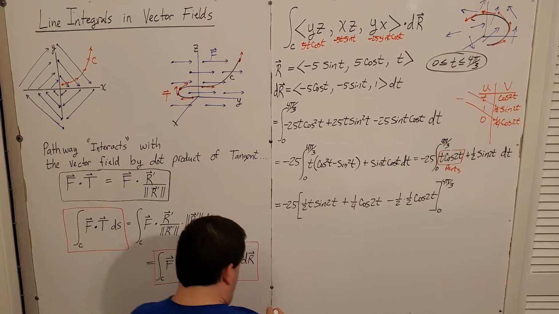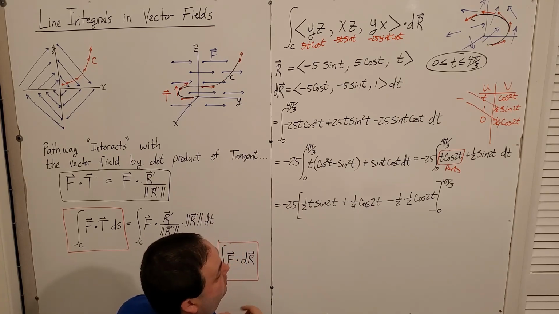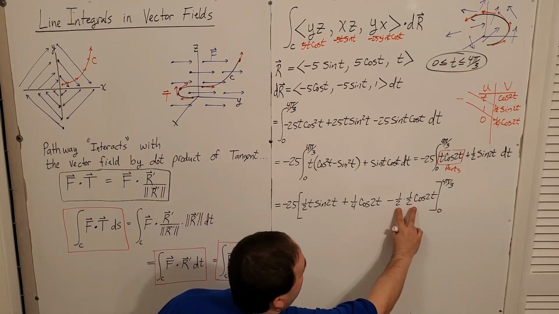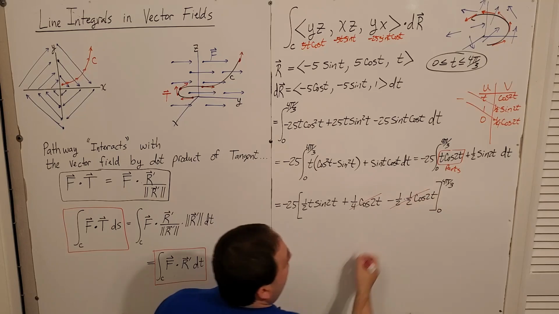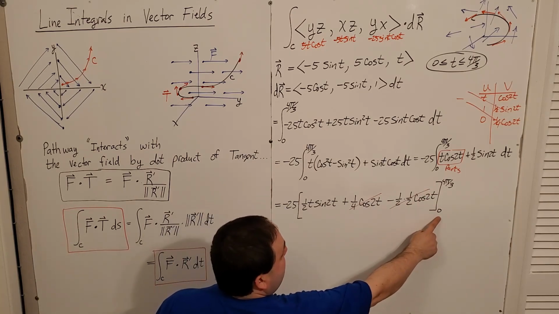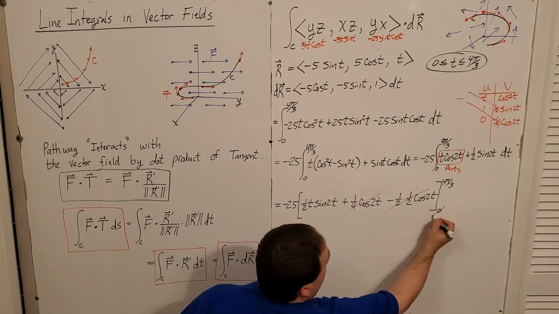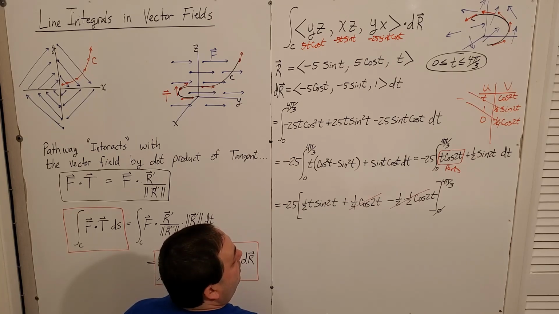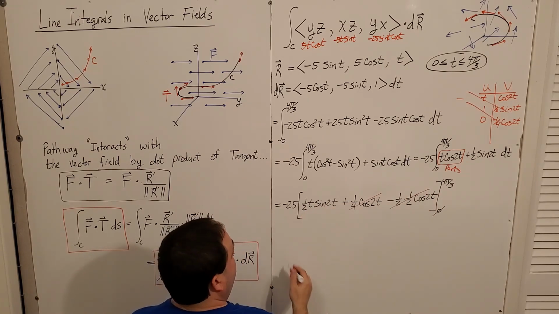Now I hope you're seeing it. It's a really lovely thing right here. I have a plus 1/4 cosine 2t and a minus 1/4 cosine 2t. So these pieces just zero out. Lovely. When I plug in 0, it zeroes that piece out. That's gone. And so now all I have left is to plug 4 pi over 3 into here.